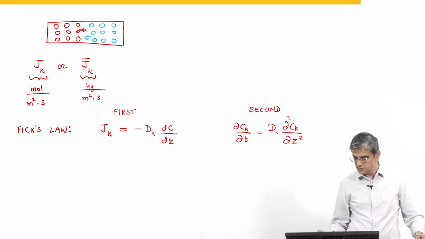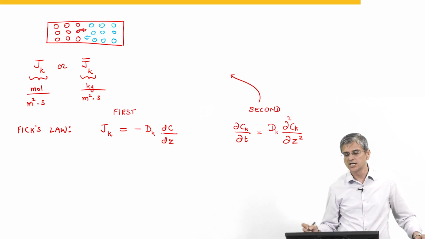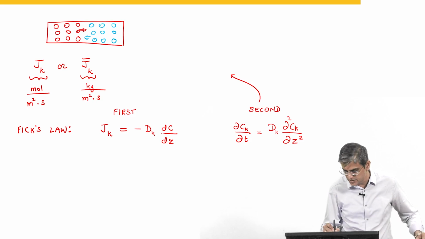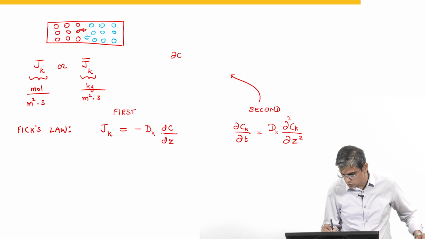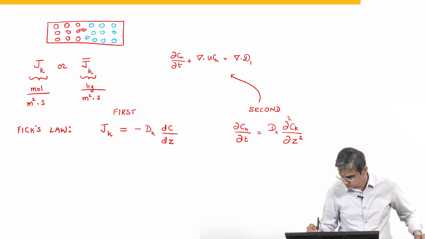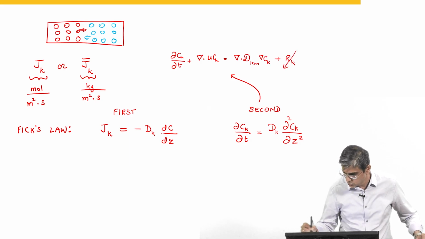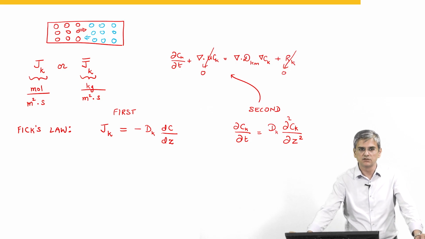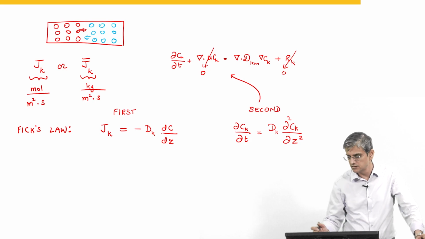Okay. Immediately you will notice that the second law is nothing but an approximation from the overall thing that we have derived, that is dou Ck by dou T plus... if there is no reaction, if there is no convection, and diffusivity remains constant or does not change with location, then you will basically get Fick's second law.